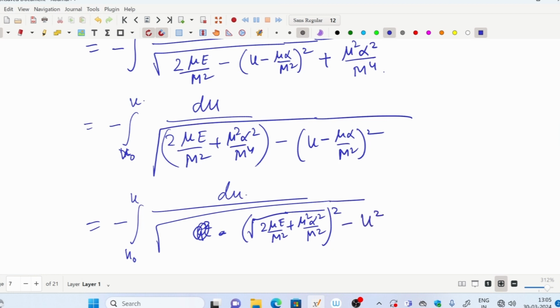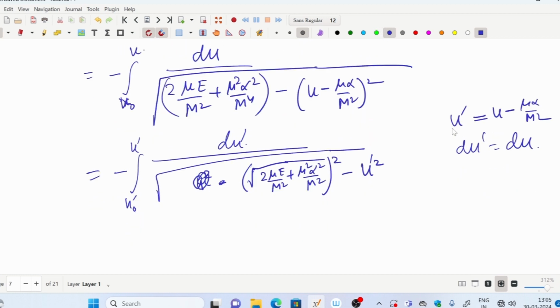By substituting, say I substitute u prime equal to u minus mu alpha by m square, no problem, and the limits will change also, no problem. So, du prime is du. This is a simple change of integration.